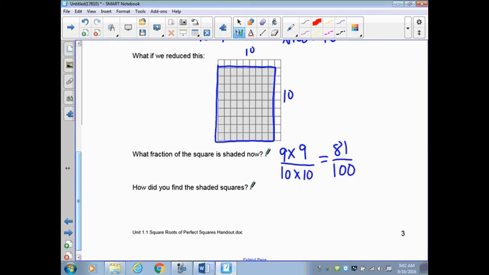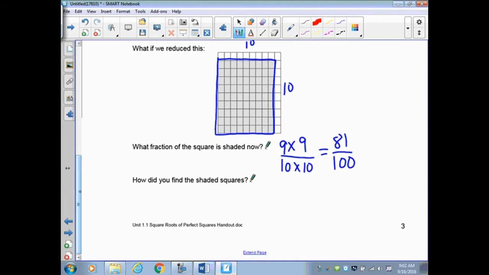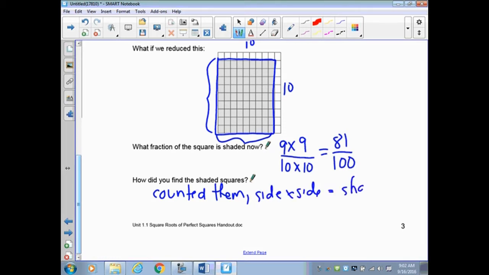So how do you find the shaded squares and side lengths of them? Well, we just simply took this one here and we counted it. And we took that side length and we multiplied it by itself, and that gave us the shaded area. So 9 times 9, giving us 81.